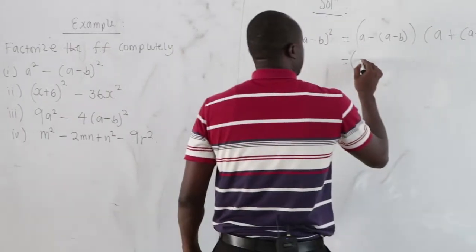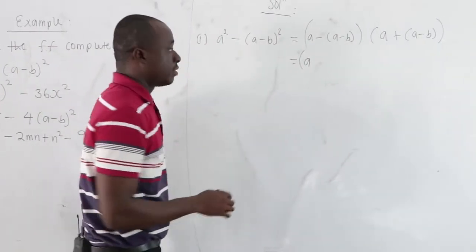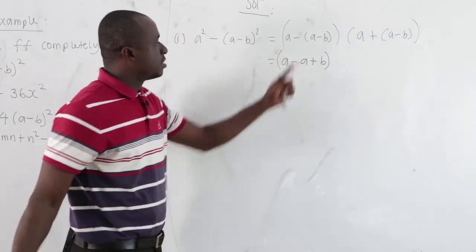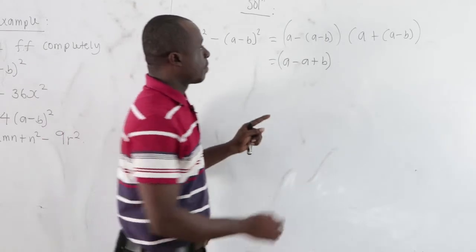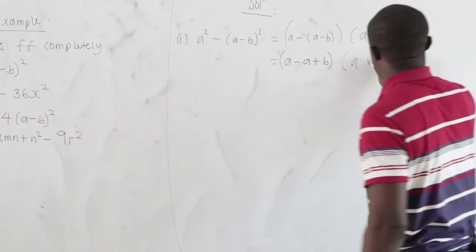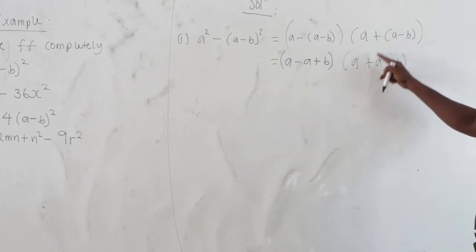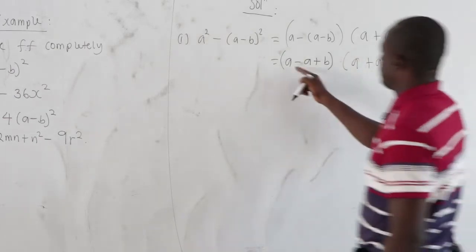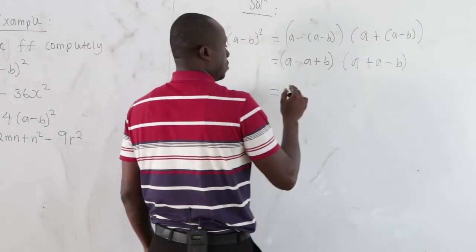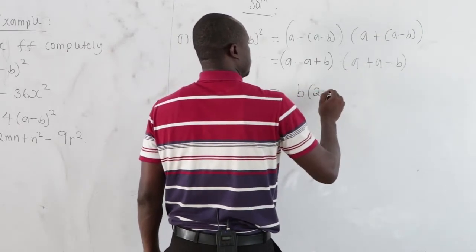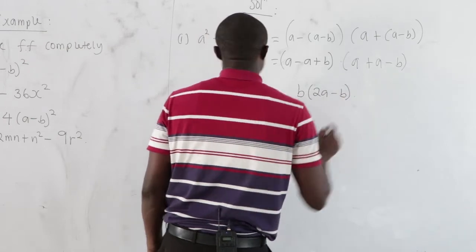Now the negative will multiply through, so you have negative a plus b, negative negative positive. And here we have a plus a minus b. Now a minus a, the a will go away, we have b. Now a plus a, we have 2a minus b.